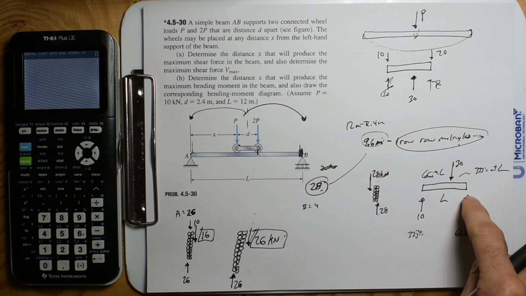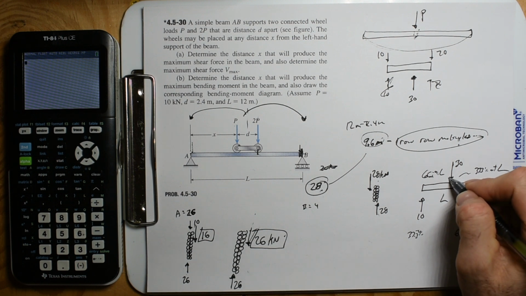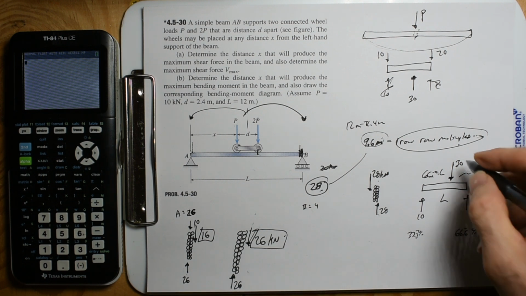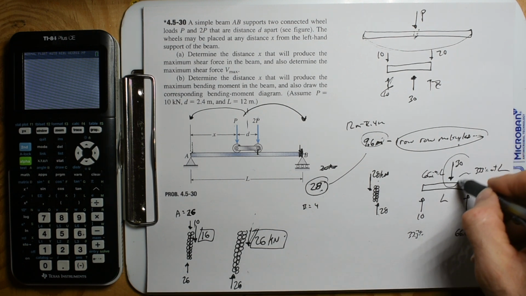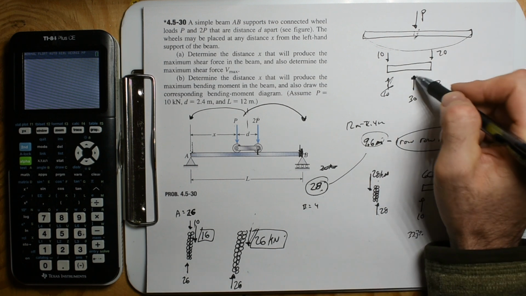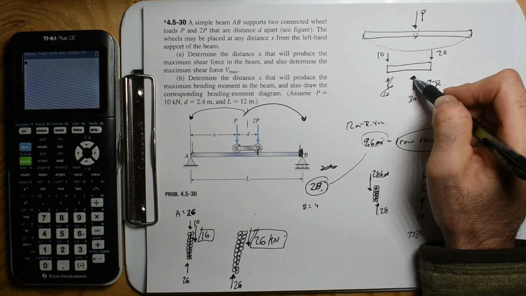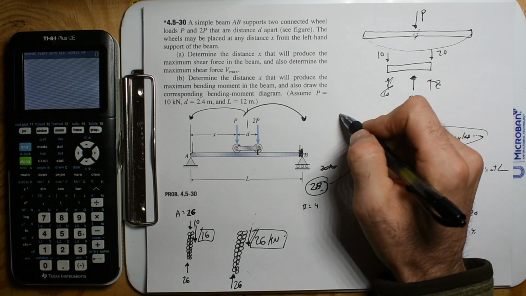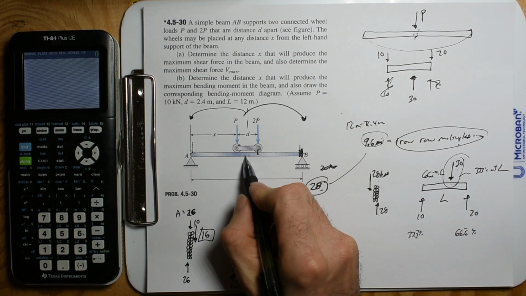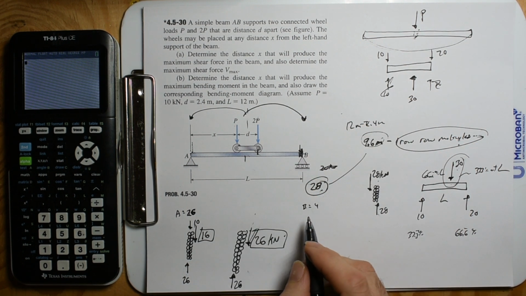So that would be at a distance. What are we trying to get at? We want this load right there to be right in the middle of the beam.